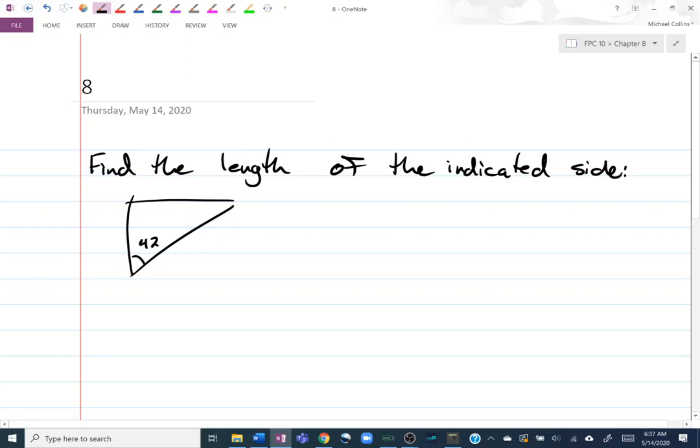Let's call this side an 8. And let's try and find this side. This, I think, is example B. And I'm going to write down one more while I'm thinking about it. This looks like I'm on a 29 degrees, and let's call this side X and this one a, I don't know, 10 works for me.